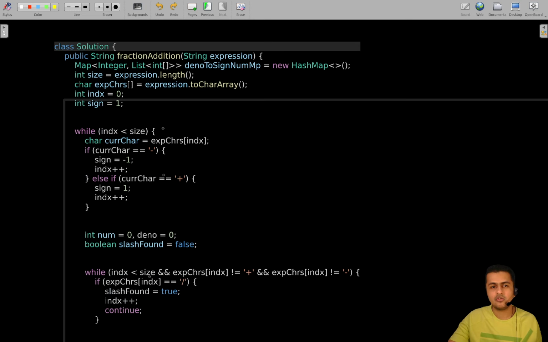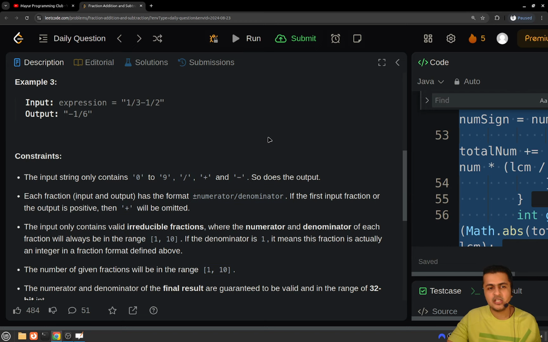If we talk about complexity, time complexity wise, it's order of n. We are not taking into account the GCD and LCM calculations because the range here is very small. As mentioned in the constraints, the range was 1 to 10 only.